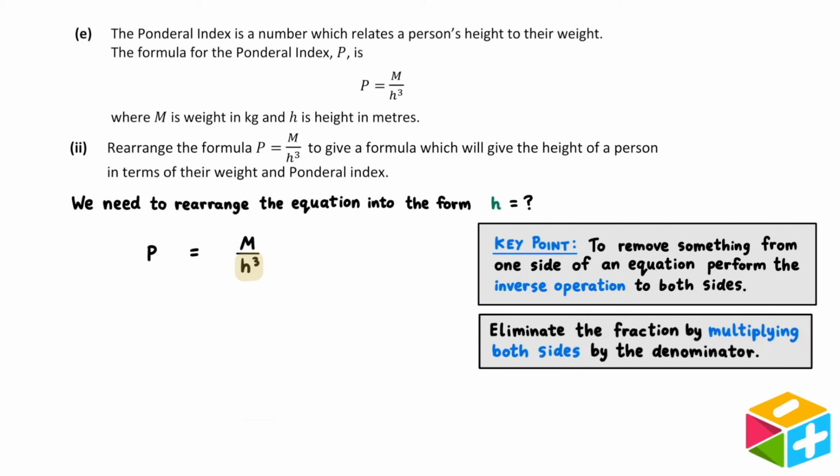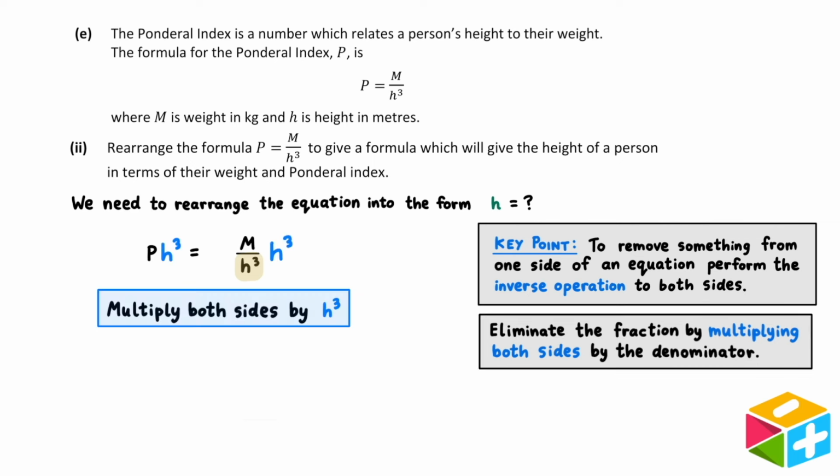At its core, a fraction represents division. M over h to the power of 3 means m divided by h to the power of 3. Well, the inverse of division is multiplication, so if we want to remove division by h to the power of 3, we should multiply both sides by h to the power of 3.